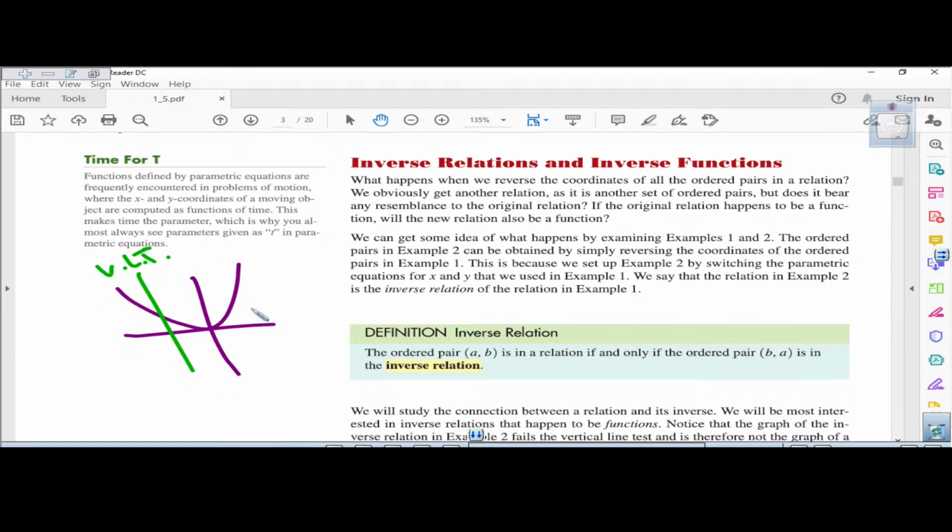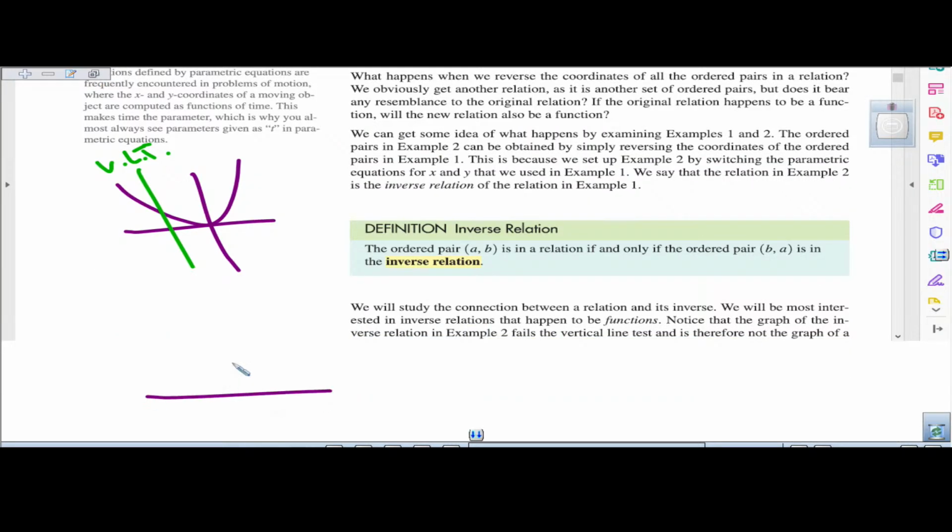Now my question is this. If it does not pass that vertical line test, we call it a relation. For example, I have this graph here. This is not a function, right? It's a relation between x's and y's. So keep that in mind.